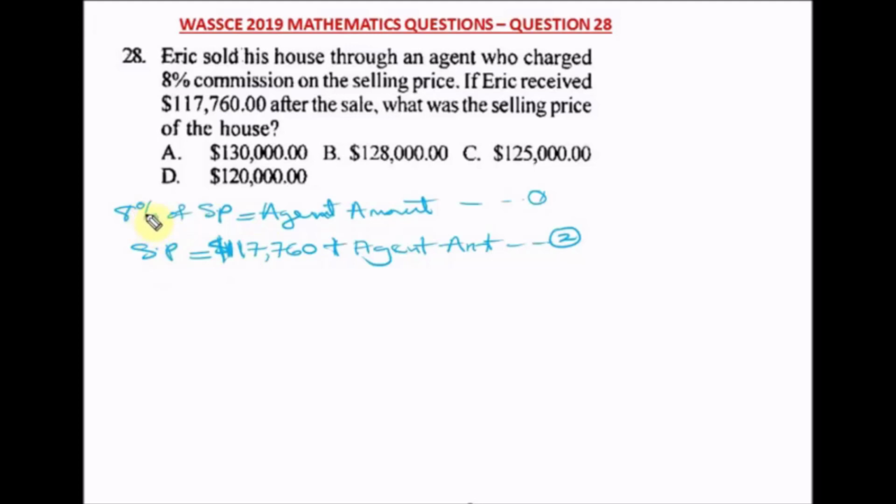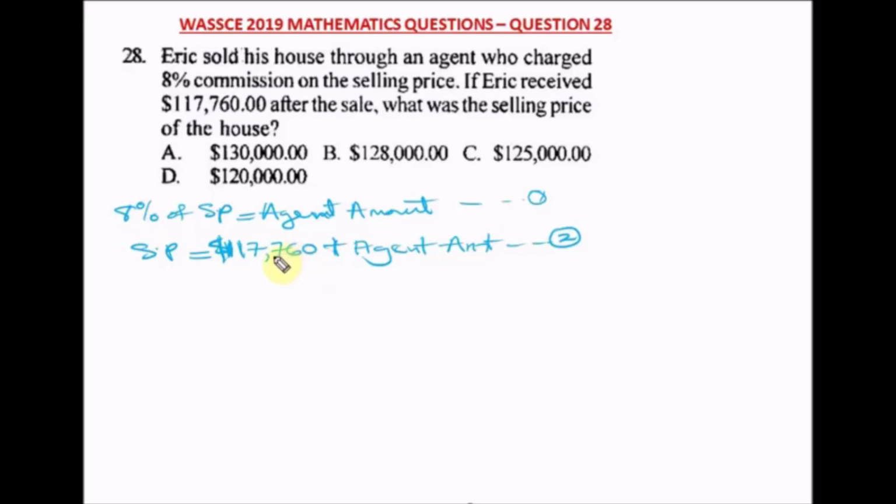So here we have 8% of the selling price is equal to the agent amount, and we know that the selling price is the amount Eric received plus the agent amount. That's the total selling price. You understand, in this kind of business transaction, an agent sells it, he collects it, he tells you the selling price, and he has already told you his commission.